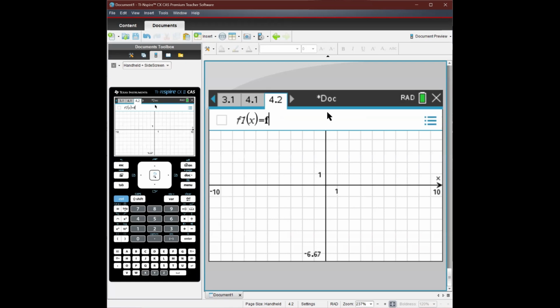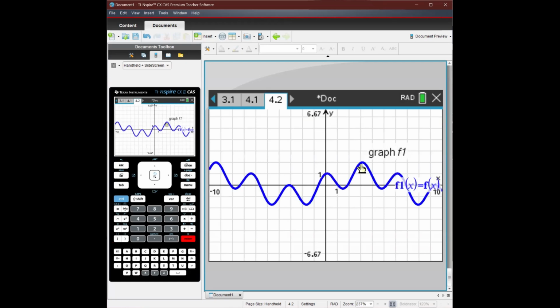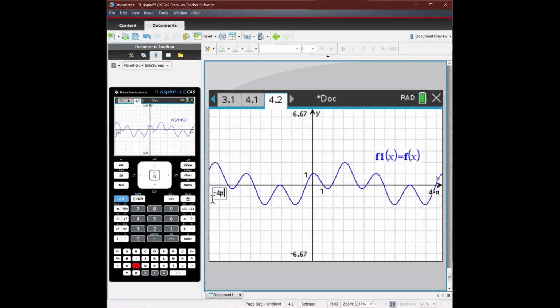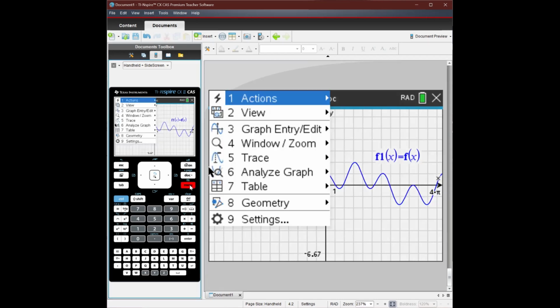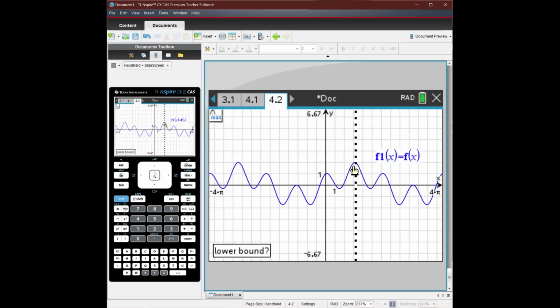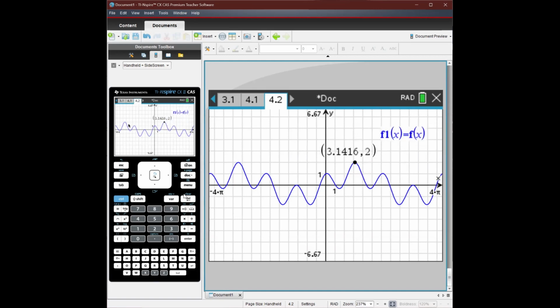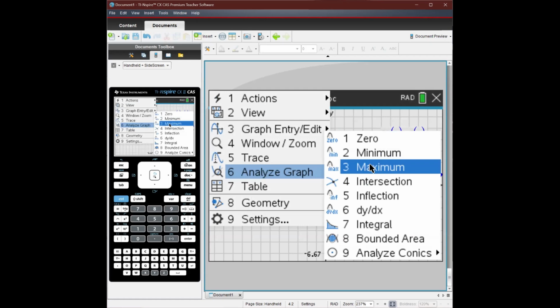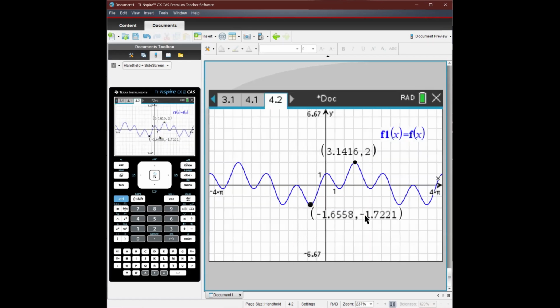And if you plot this graph between 0 and 4 pi, the maximum value is 2, but the minimum value, I suppose, is minus 1.722. Minus 1.722, okay? 3 decimal places.